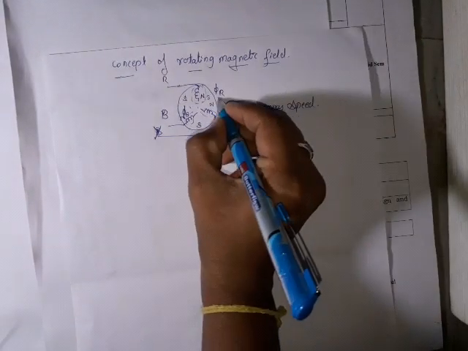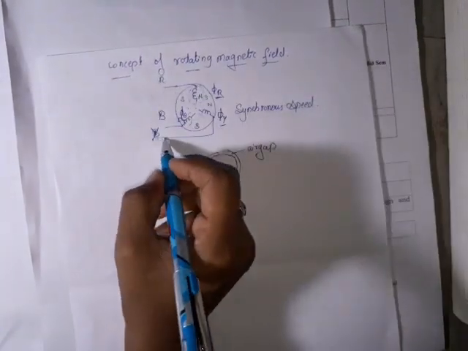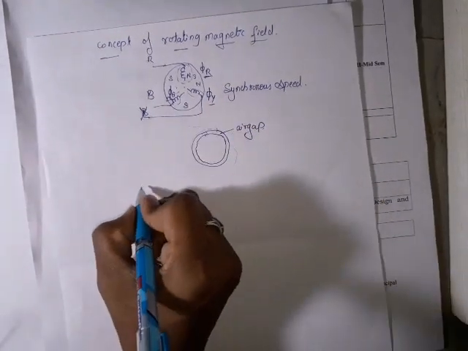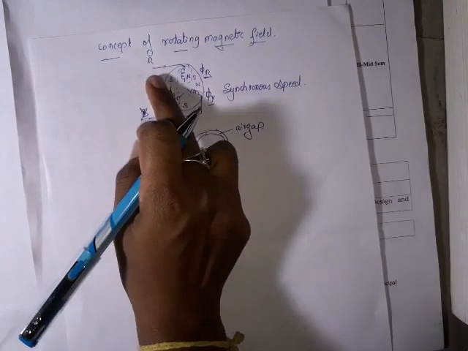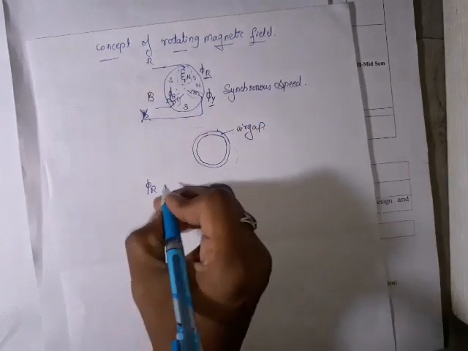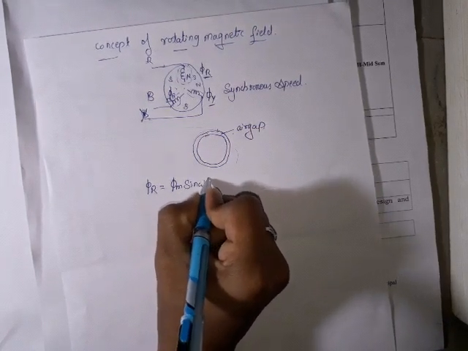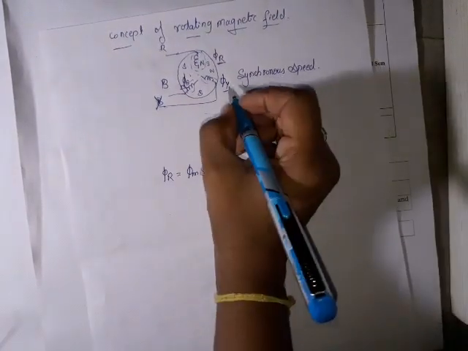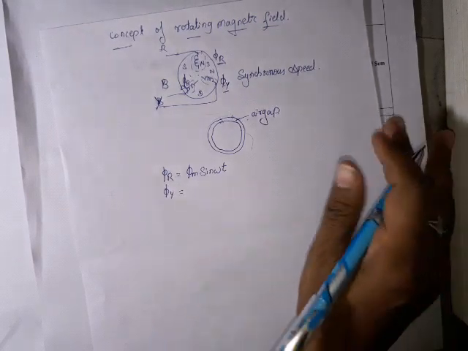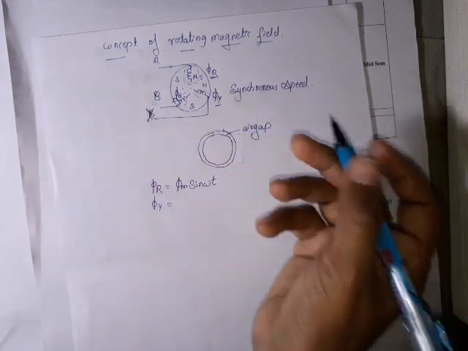Here we have three fluxes, phi R, phi Y, phi B. Since the supply is sinusoidally varying, obviously the flux is also sinusoidally varying. Supply R is given by VR equal to Vm sin omega t, so similarly phi R equal to phi m sin omega t. Then VY equals Vm sin(omega t minus 120 degree).